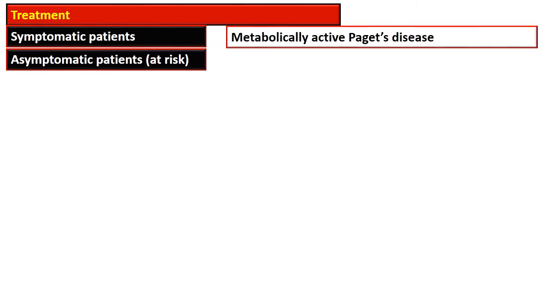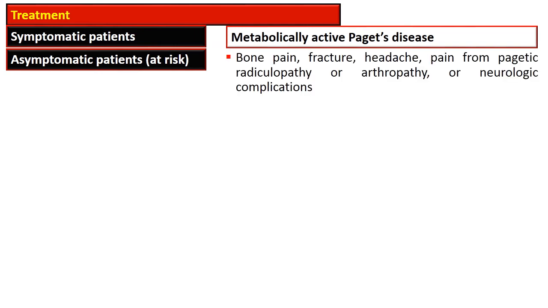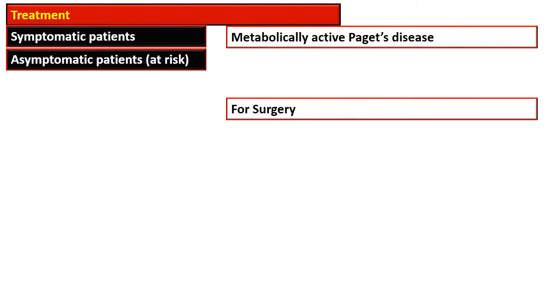The treatment for Paget disease should be started for symptomatic patients and also for asymptomatic patients who are at risk of developing complications of the disease. The treatment should be started for metabolically active Paget disease, and for patients having bone pain, fracture, headache, pain from Pagetic radiculopathy or arthropathy, or neurologic complication.